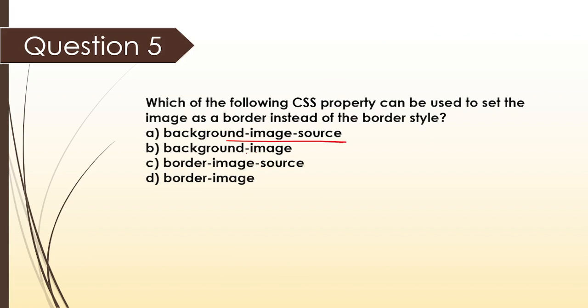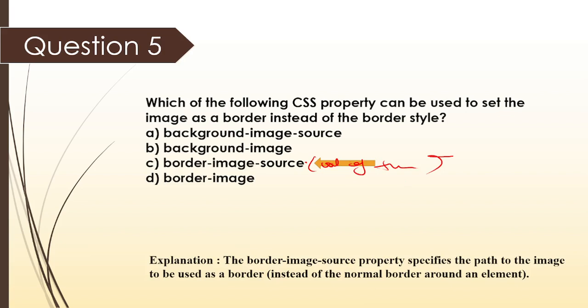Border image source, border image dash source, or border image. Sorry, this is background. Okay, so correct answer is option C, that is border image source. After writing border image source, you can give the URL of the particular image that you want to use as a border here.